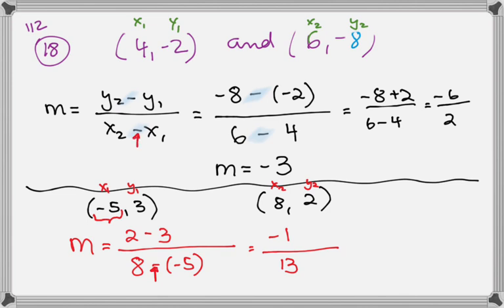Here the x2 value was 8, and the x1 value was -5, so you have two negatives with a minus in between. 8 minus a -5 turns into 8 plus 5. You can think of it as putting a 1 in there, and -1 times -5 is +5. That's how it became 13, positive. But the slope itself doesn't depend on where the negative is; the slope itself is negative.